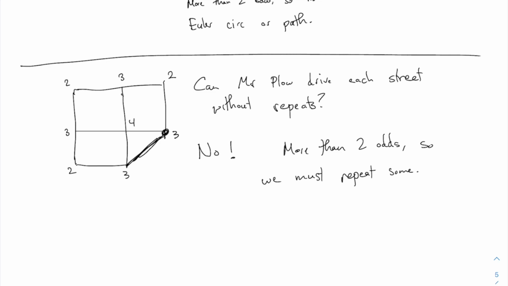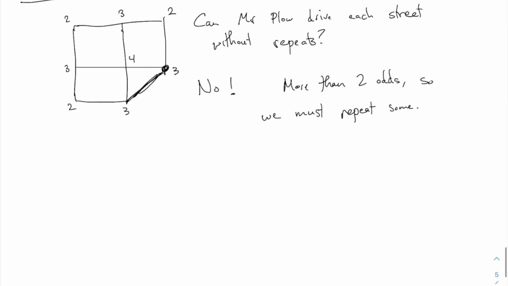All right. Here's a follow-up question. Mr. Plow's girlfriend is Ms. Road. She builds roads. And she loves Mr. Plow so much, she wants to build a new road simply in order to make it possible for Mr. Plow to do his thing in the neighborhood.